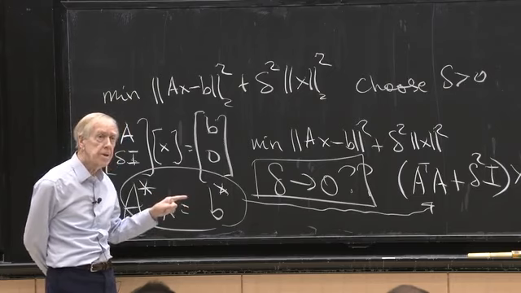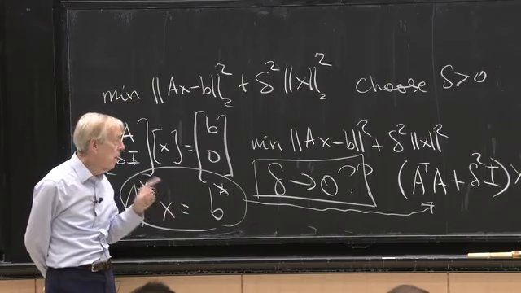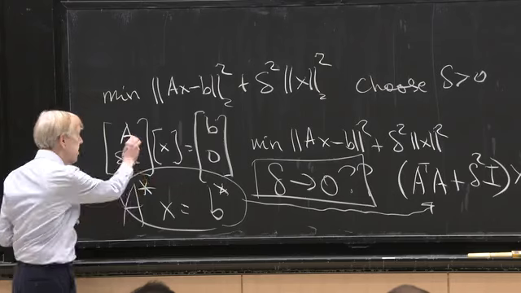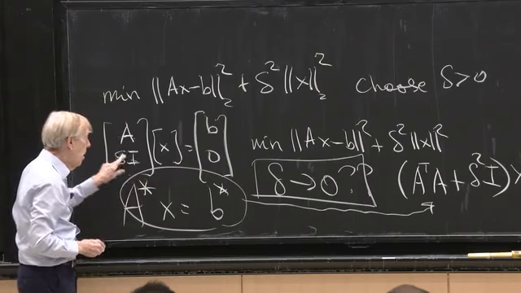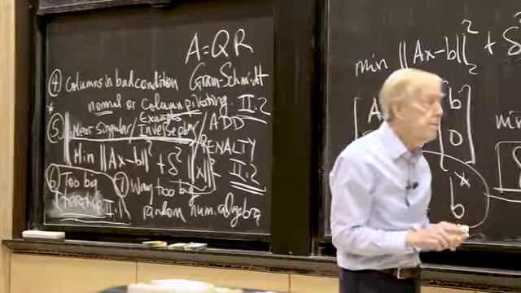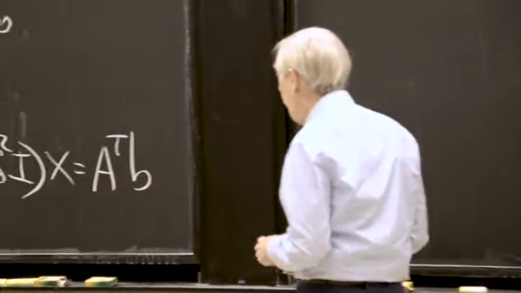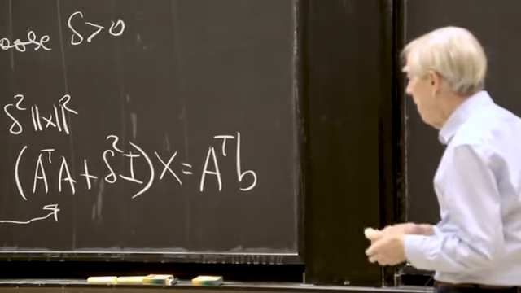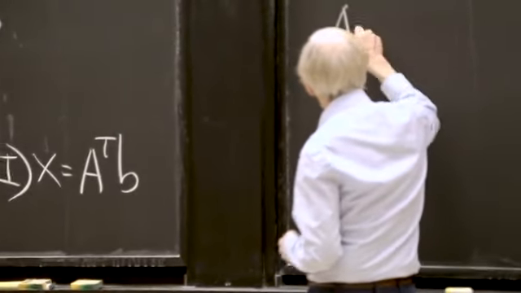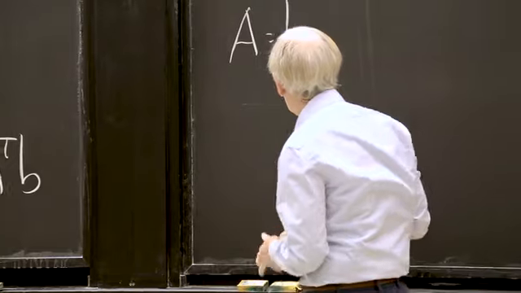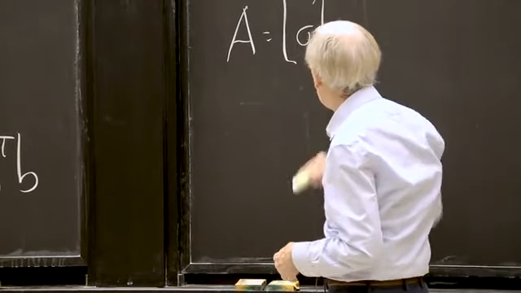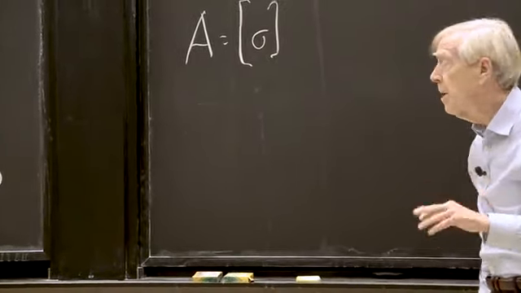Yeah, I think this section starts with a 1-by-1. Suppose A is just a number. Okay, maybe I'll just put that on this board here. Suppose A is just a number. So what am I going to call that number? Just 1 by 1. Let me call it sigma, because it's certainly the leading singular value.